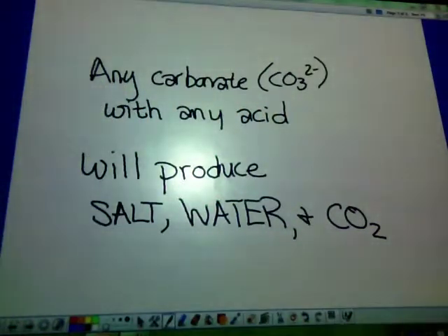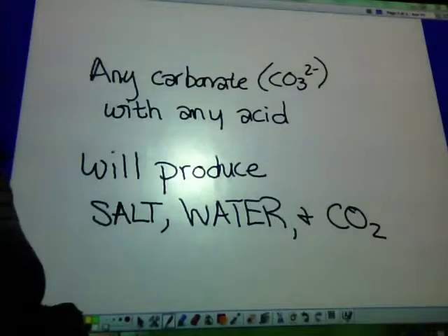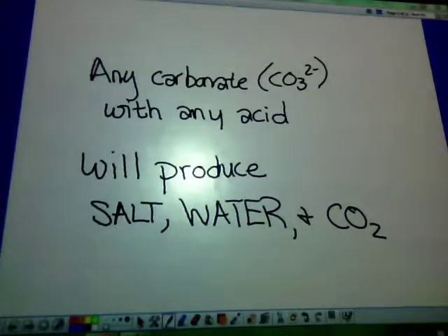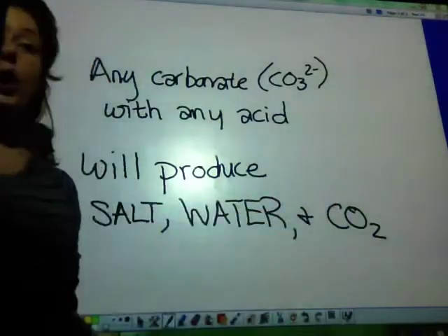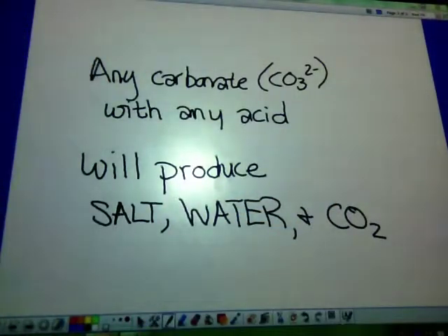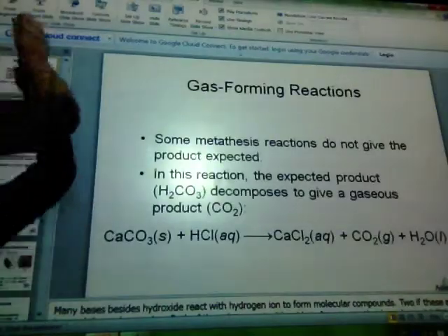So anytime I have any carbonate reacting with any acid, and it has to be carbonate reacting with acid, it will always produce salt, water, and carbon dioxide. Salt, water, and CO2. Okay, let's go back to our PowerPoint.